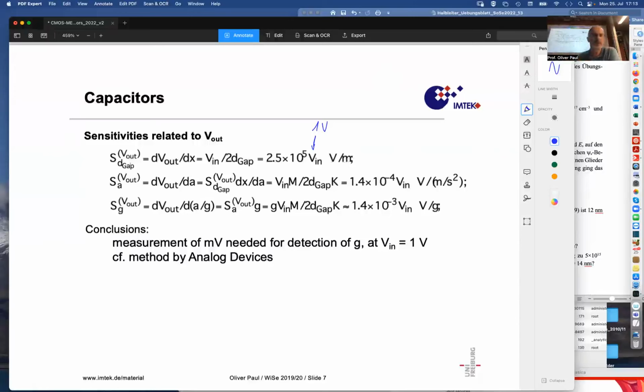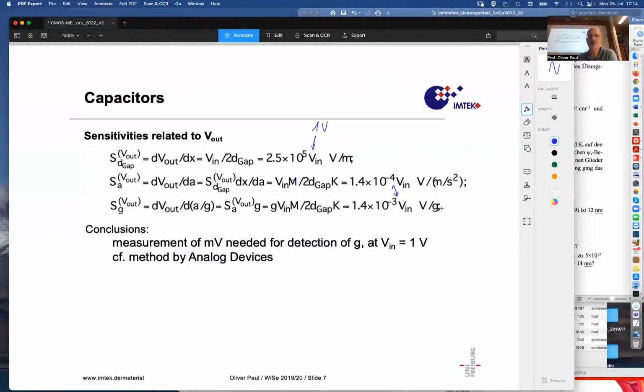And again, that can be translated into the acceleration related sensitivity, which is again related to the first one by m over k, which is 1.4 times 10 to the minus 4 times V in units of volt per meter and second of acceleration to which this is exposed. And if it's G, well, it's again a factor of 10 larger.